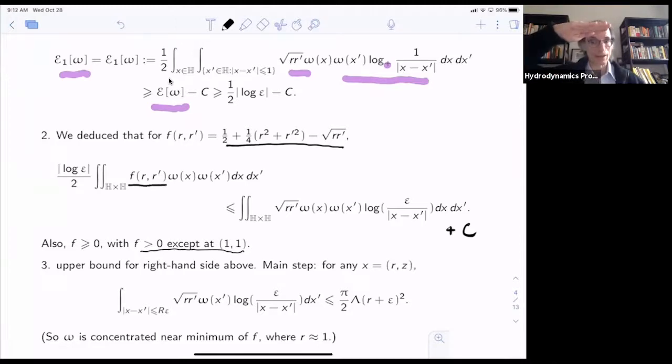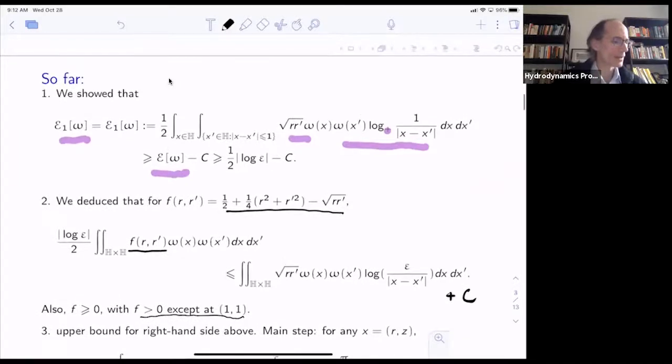That's what gives the upper bound on the energy. And the point is, if I look up here, if these were just 1, then this would be a situation we already understand. This would be the Green's function on R2, and we already proved vorticity concentration estimates for that setting.